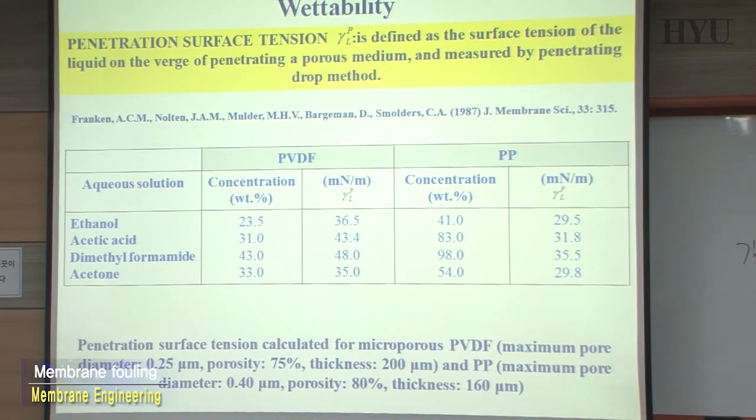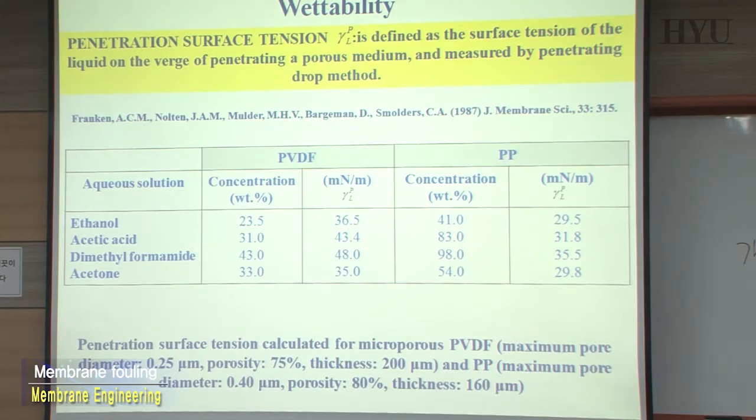We never discussed this. Hydrophobic, hydrophilic in ultrafiltration, etc., can have some effect, but not very important. Here it is strategic. So we have to control the wettability of our membranes, the possibility that you can interact with some chemicals present in the feed solution, alcohols, acetic acids, dimethylformamide, acetone, etc., and be sure that at different levels of concentration, we don't change too much the surface tension of the system.